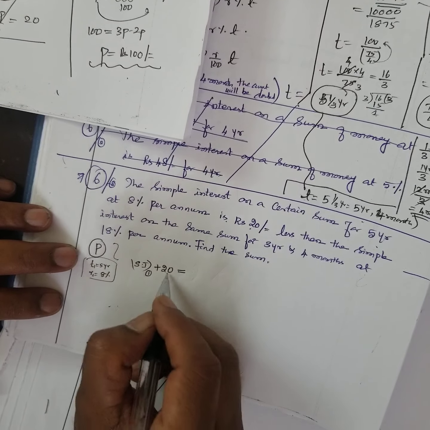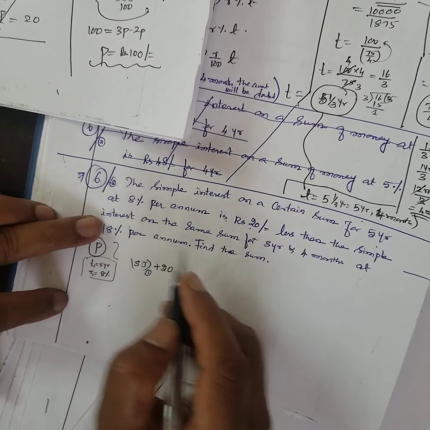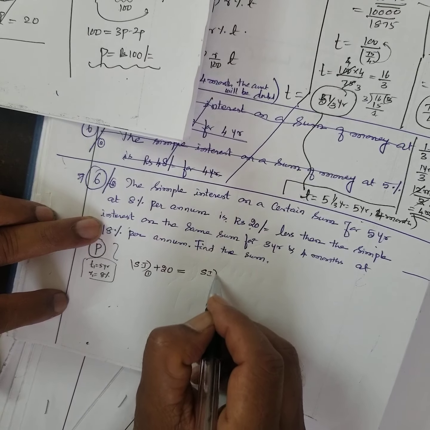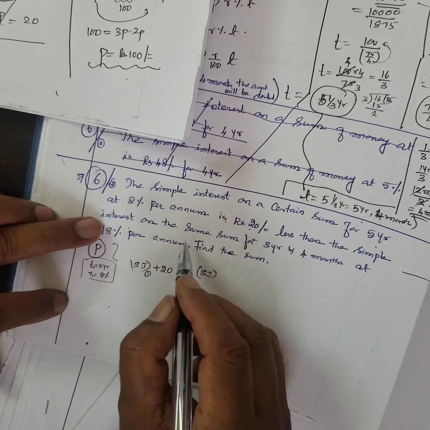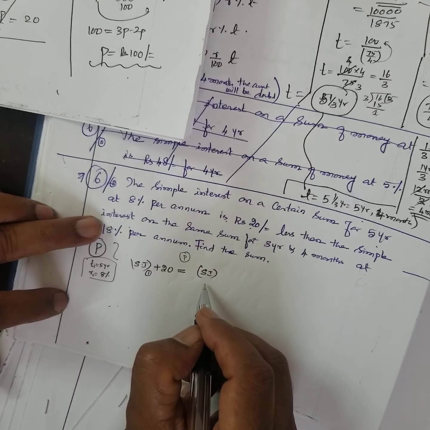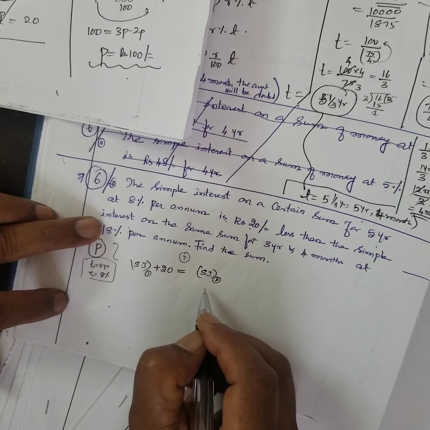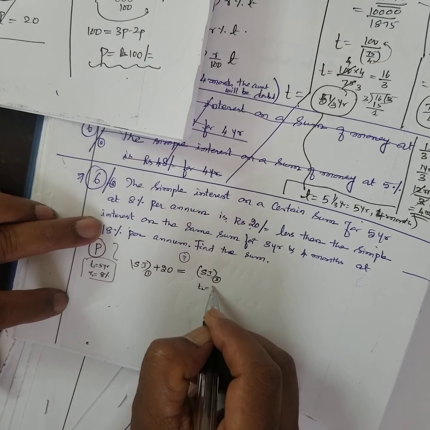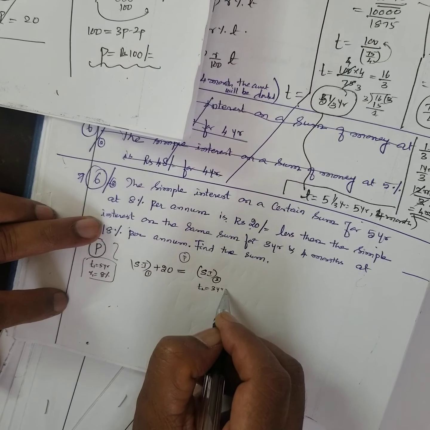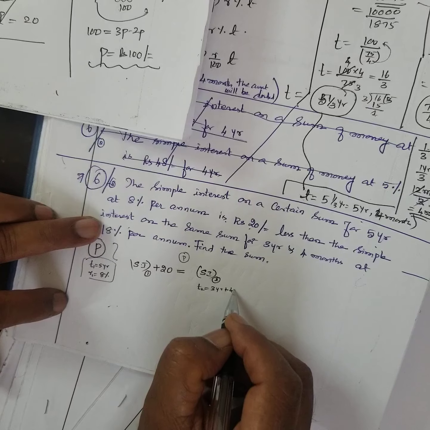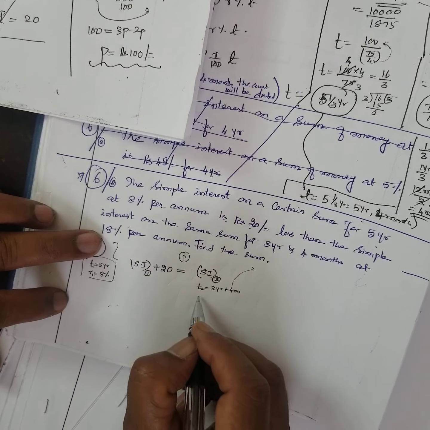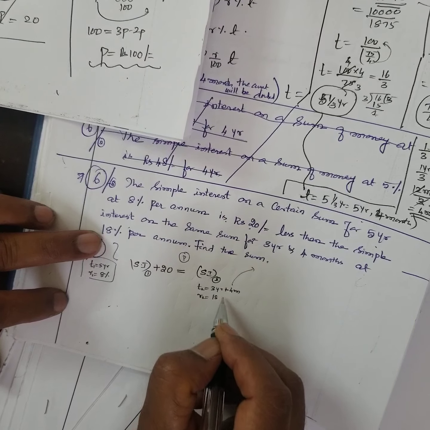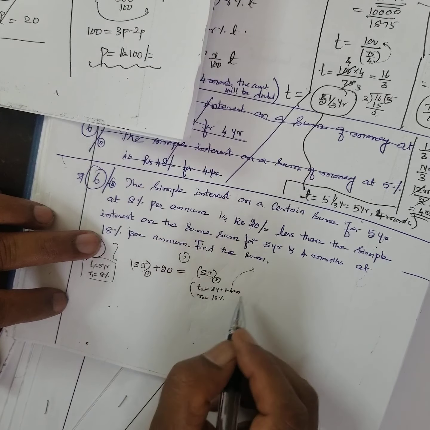Here what is it? Time, so 20 less than the simple interest on the same sum for 3 years. Second case, that means T2 is equal to 3 years 4 months at the rate of 18%.